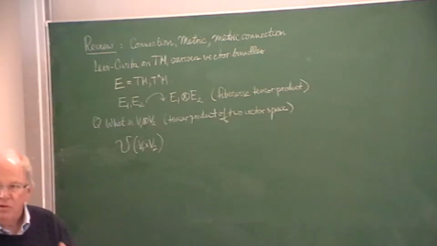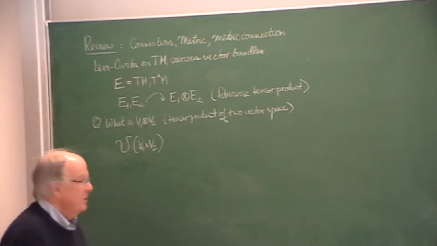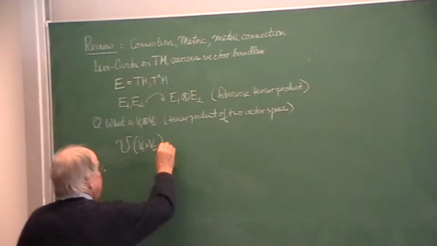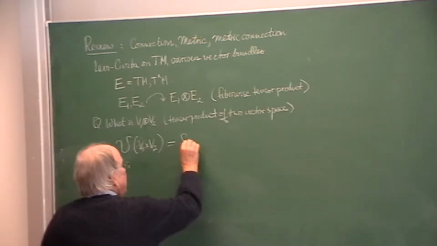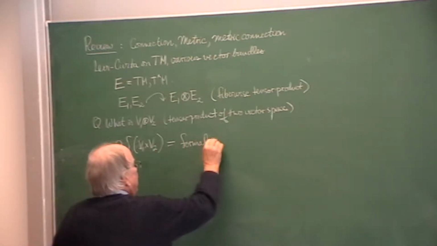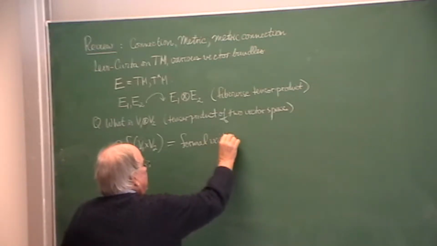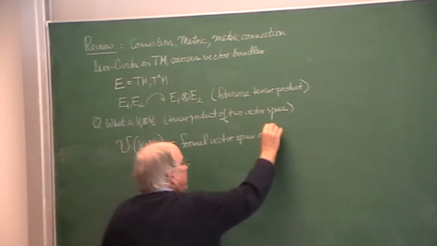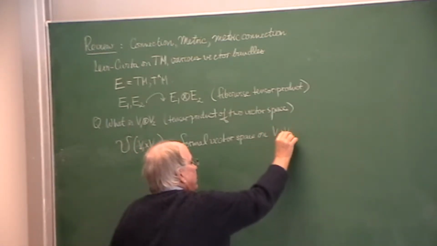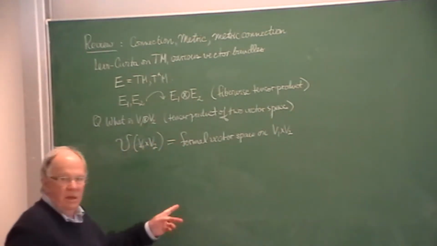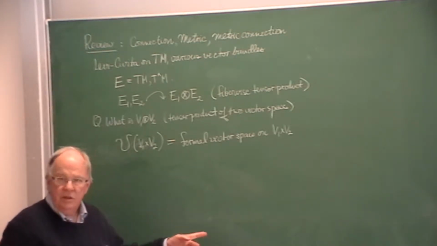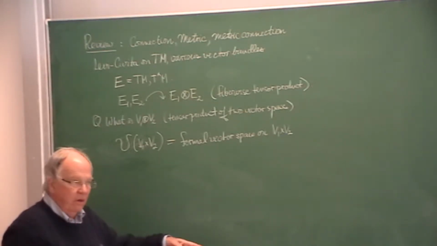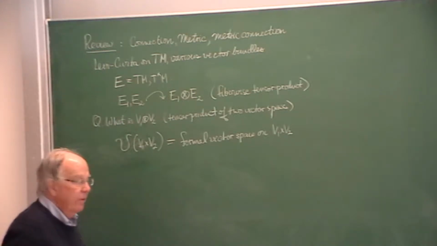For me, that's the formal vector space on the product V1, V2. You understand what I mean? The formal vector space, there are no relations. So this is the formal vector space on the product V1 cross V2. That means finite linear combinations with coefficients in whatever other field we have here.